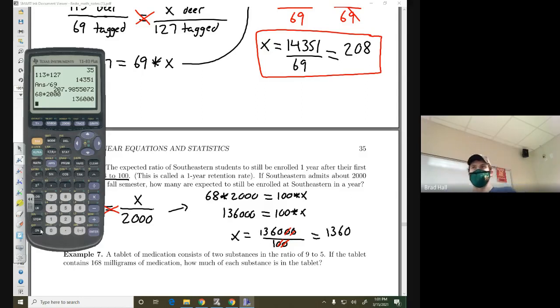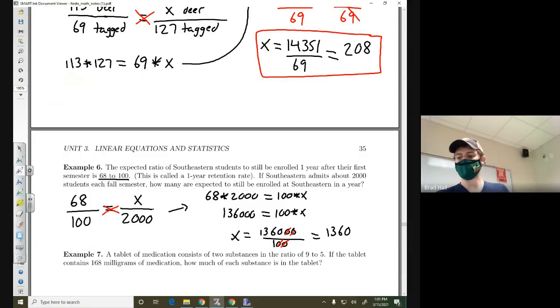So we're expected to lose a little over 400 students in each incoming class after the first year. So that's 400-ish fewer students you have to worry about. So that's how many are expected to stick around, roughly. So kind of interesting.